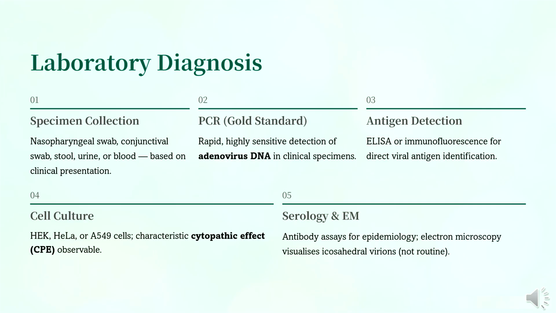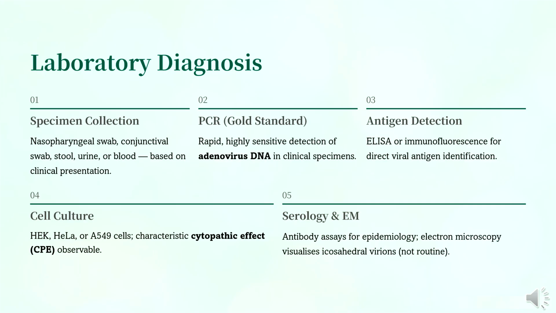So the specimens include nasopharyngeal swab, throat swab, conjunctival swab, stool sample, urine, and blood. The specimen should always be collected from the site of infection, and this greatly improves diagnostic accuracy.